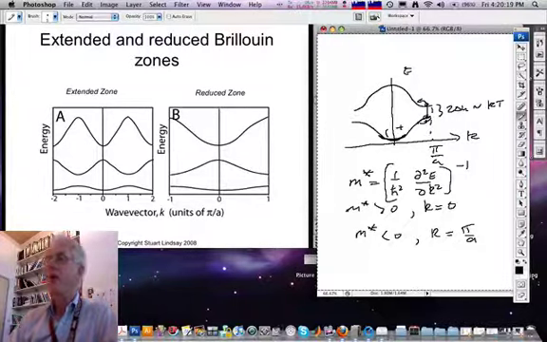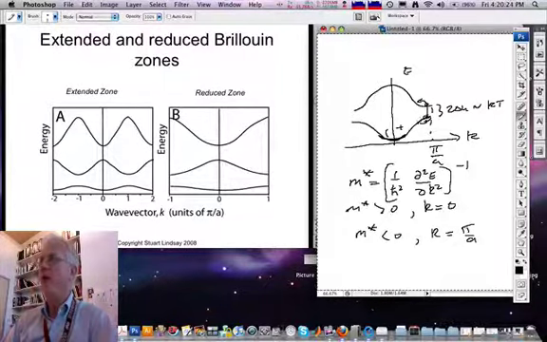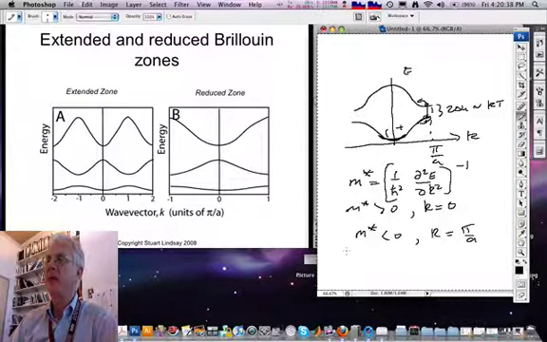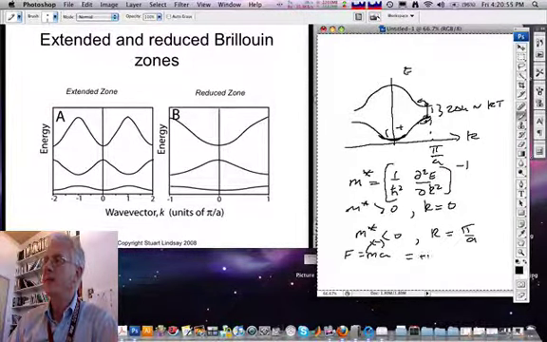What does this mean? Well, if you think about a particle up here in energy, if you accelerate it, the slope of this line gets less as you approach the Brillouin zone boundary, eventually approaching 0. These particles slow down as you accelerate them. That's the meaning of a negative mass. So in Newton's law, we can talk about a negative mass, or we can talk about a positive mass, providing we change the sign of the force.